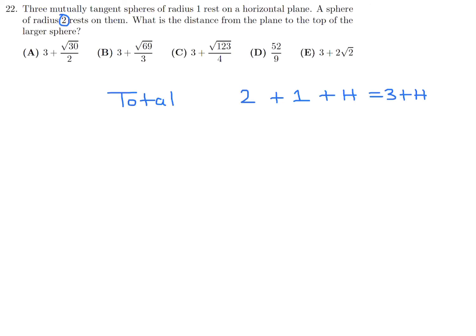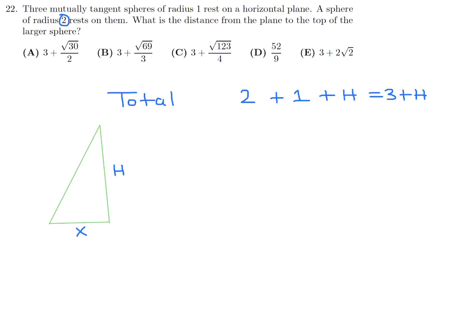And just like in the diagram in the video that you just watched, h is going to be figured out with a right triangle. So this was h, and if you recall, this was x, and this side, the hypotenuse, is basically the distance between the center of the top sphere and the center of one of the bottom spheres.